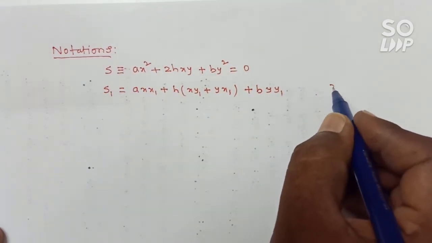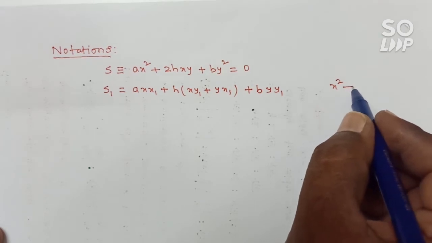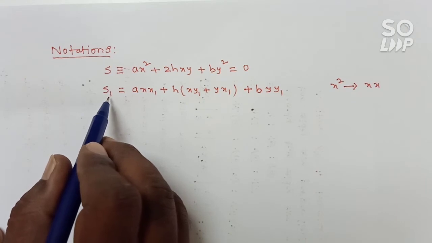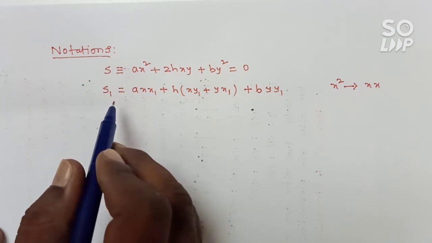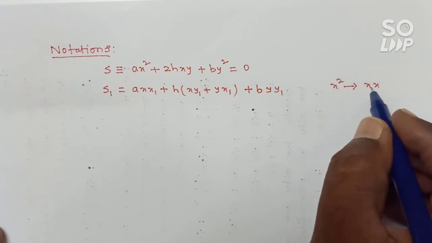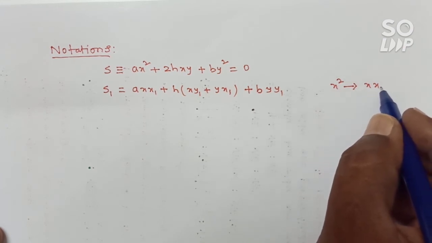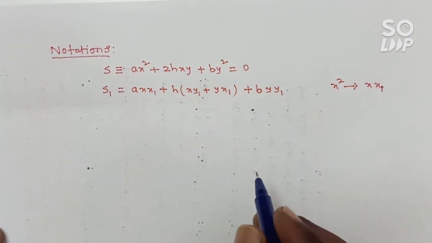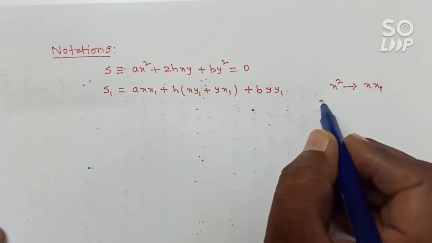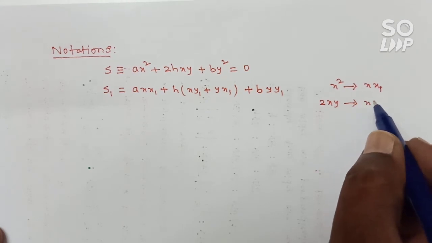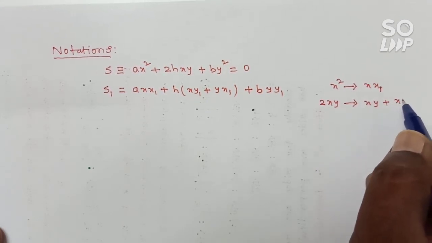How will you write this one? Here you write x square as x into x. S1 means you write it with respect to the point x1 comma y1. So in x square, x into x, one x is replaced by x1, and next, 2xy you can write as x into y plus x into y.